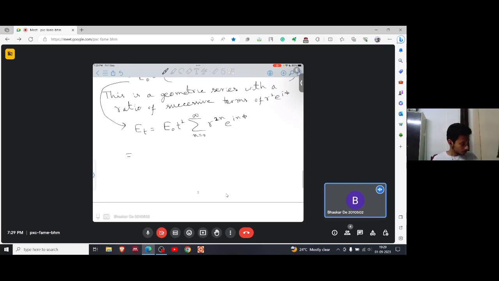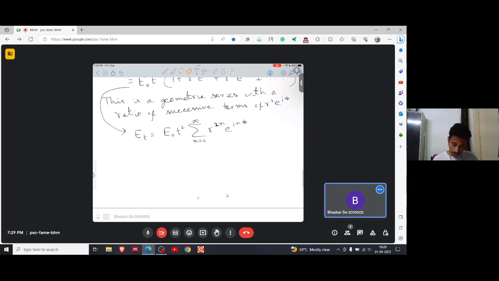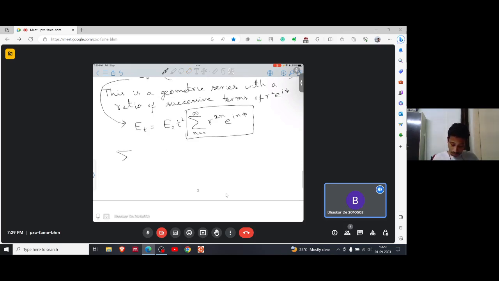So now this is the geometric series. The value of summation n equal to 0 to infinity r to the power 2n e to the power I n phi is equal to 1 by 1 minus r square e to the power I phi.